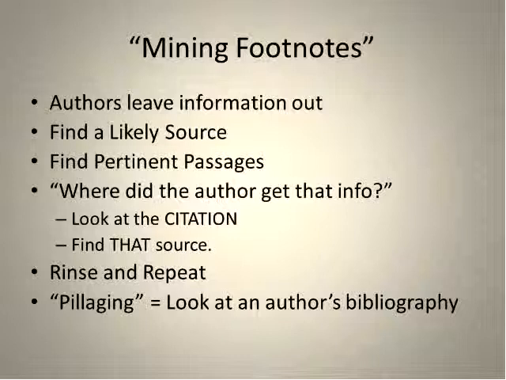That is, look at the author's bibliography and see what sources they use. Now, it's not going to tell you that the information in this paragraph came from that particular source, but it will tell you that the author referred to this list of sources, and you can probably figure out which one to go to get more information for your work.